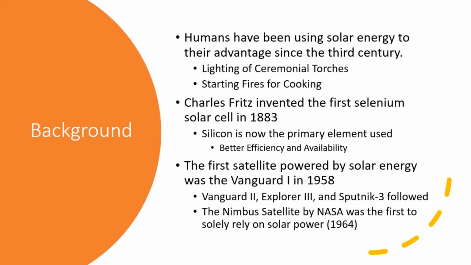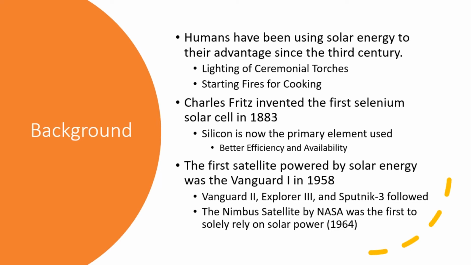To start off with a little background, humans have been using solar energy to their advantage forever. Well, not forever, but since the 3rd century, where they would light ceremonial torches using magnifying glasses and start fires for cooking. They really used it as one of their main sources of starting fires.